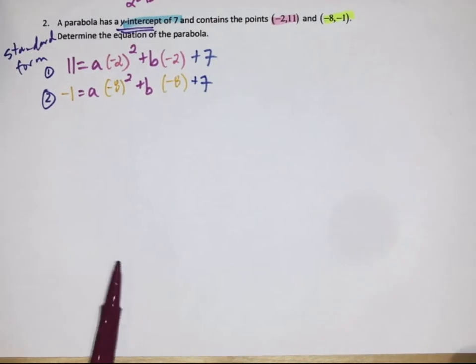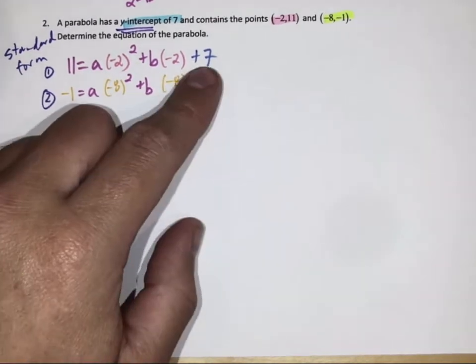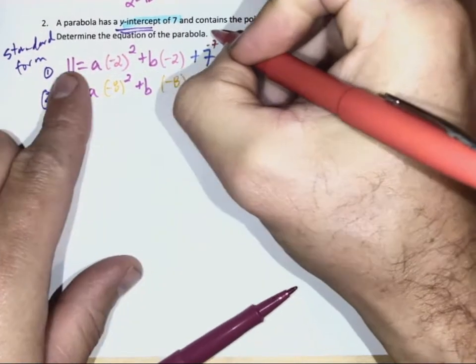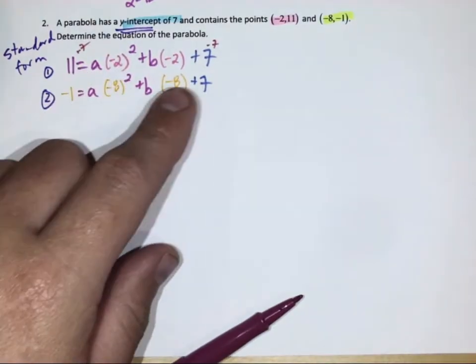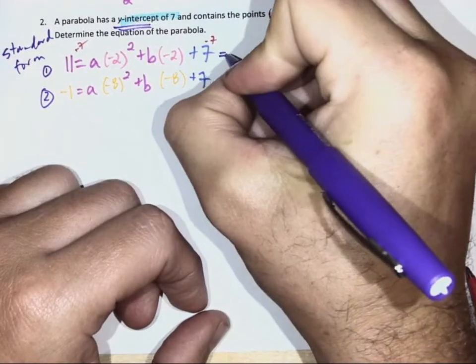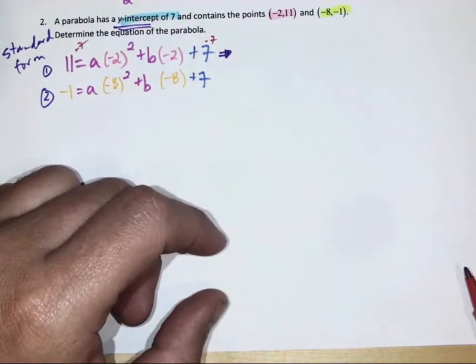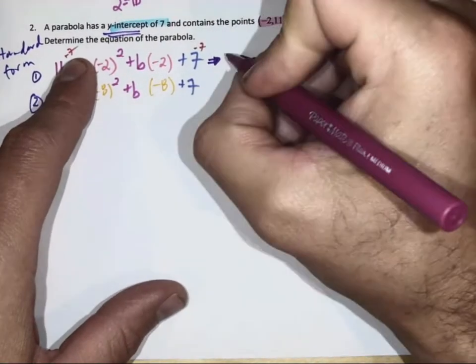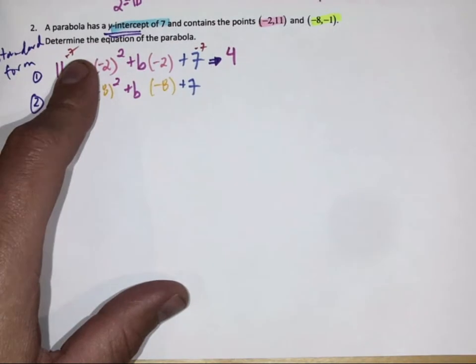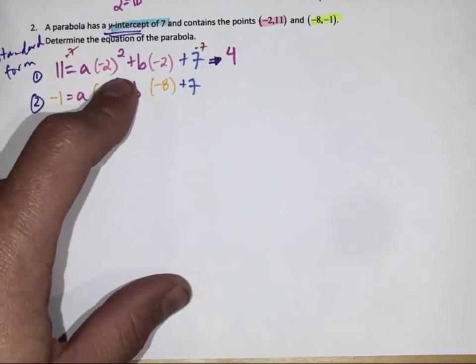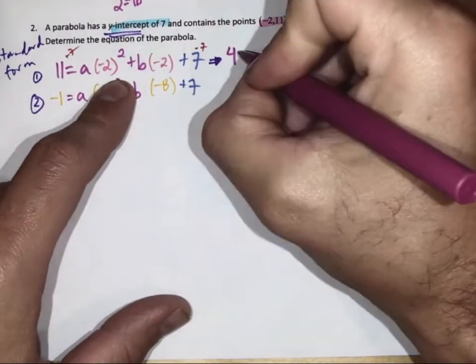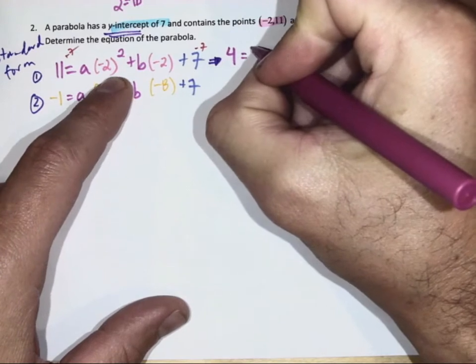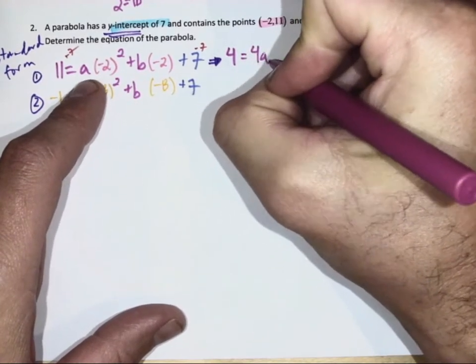And again, I want to simplify. Take away 7 on the right, take away 7 on the left. So I'm going to work to the right. 11 take away 7 is 4 all day. Negative 2 squared is 4 times a is 4a.